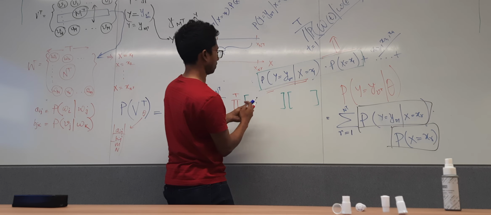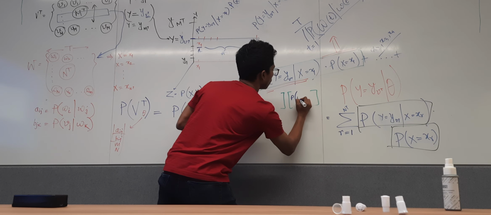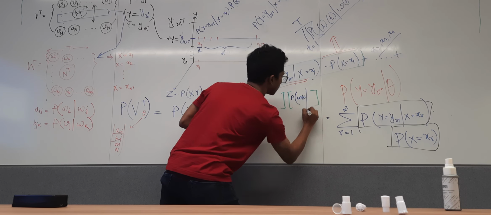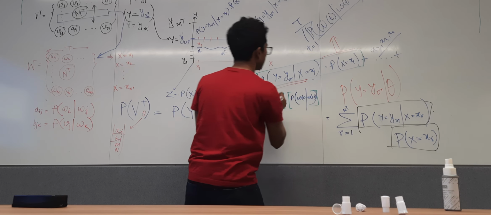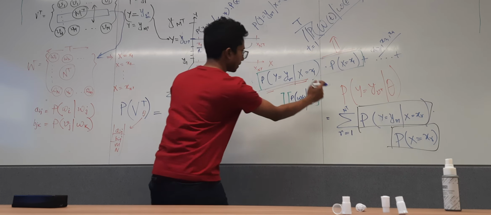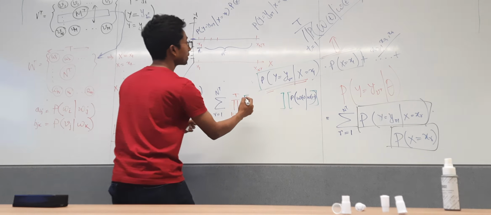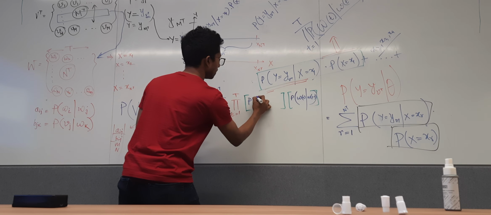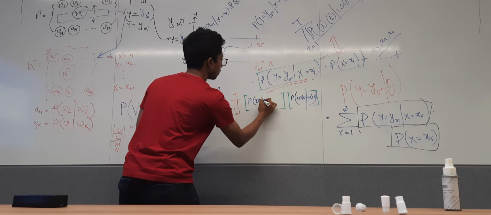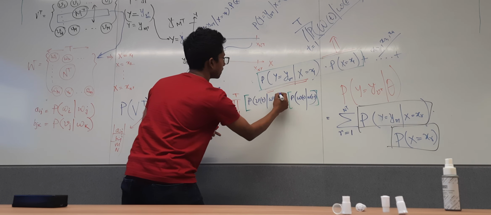Using the blue color, p of omega t given it was in omega t minus 1, that is the state transition probability of the hidden states. And then I have this term, the emission probability: I am watching the visible state vt, given it was in omega t.